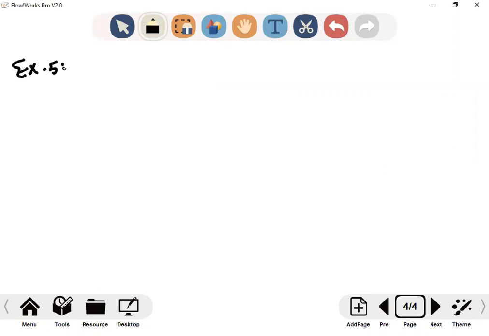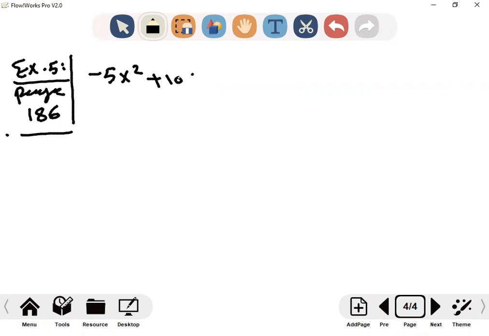Example 5. We are on page 186 also. So examine negative 5x power 2 plus 10x minus 15 equals 0.